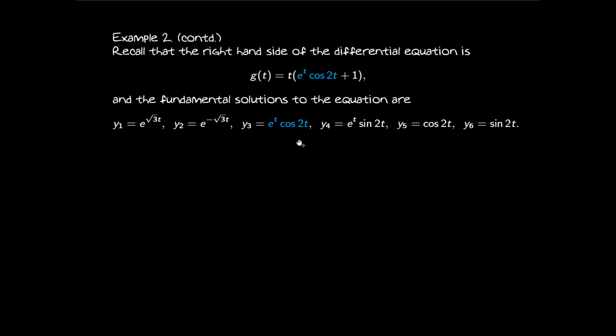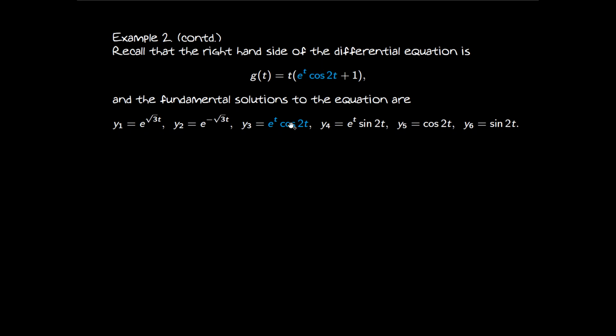So to address this term, we are going to not only use e to the t times sine 2t. Once you have a sine or cosine, you have to use both sine and cosine in your particular solutions, right? So not only are you going to do that, you need to also use an extra t.